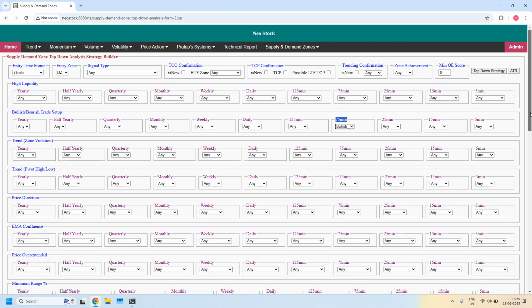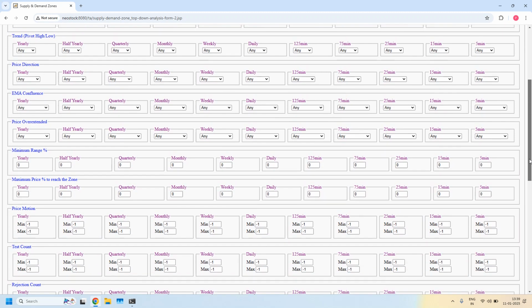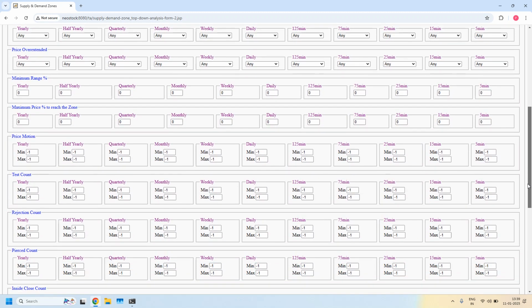And next we are going to set three filters. Those three filters will be applied to the 75 minutes demand zone. The first filter is that these 75 minutes demand zones should not be pierced. So look into the parameter pierced count.